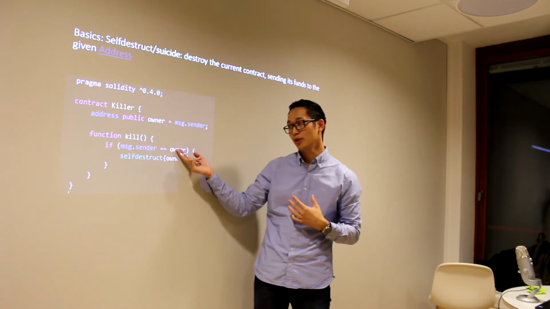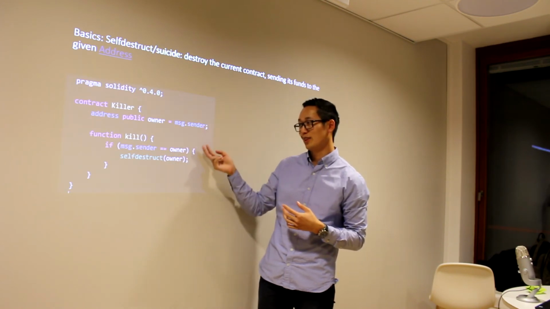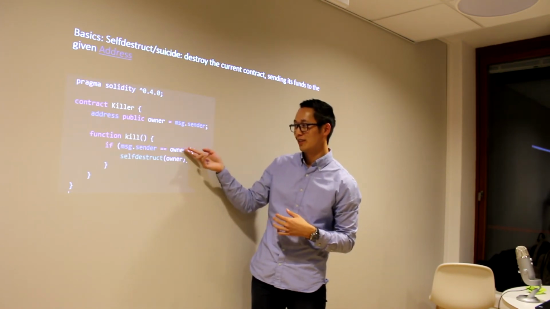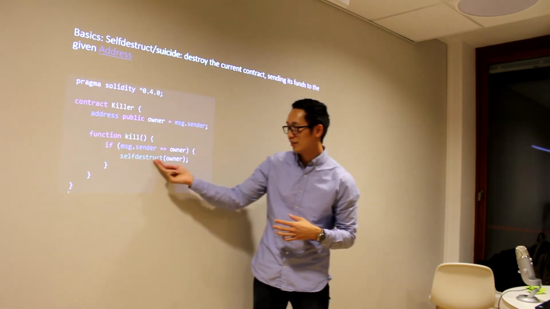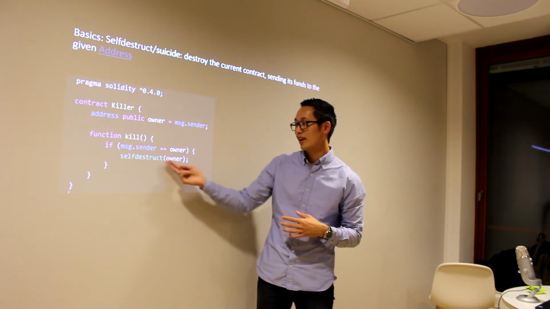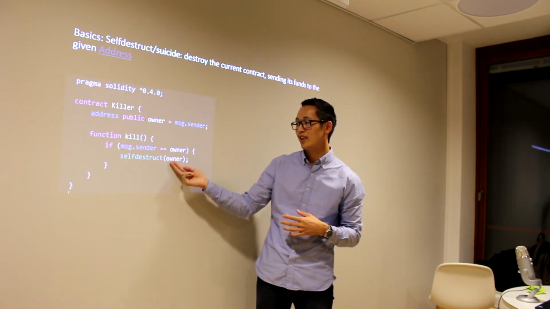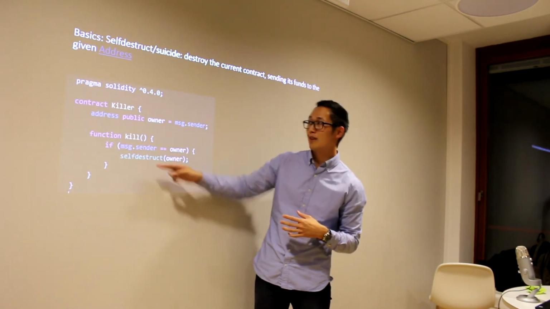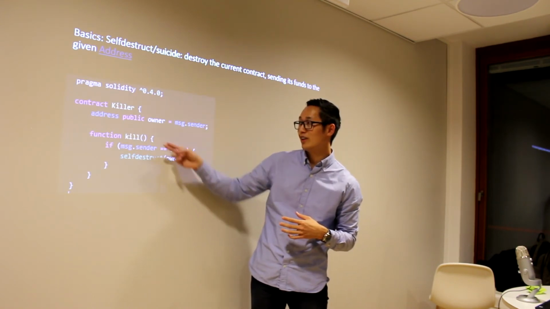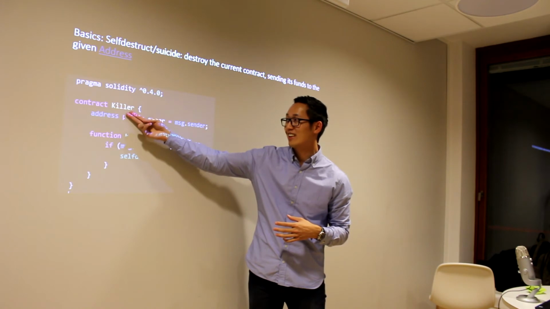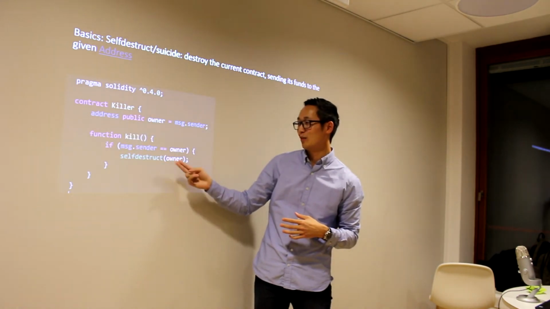If it's not the owner, then you will not be able to self-destruct. But if it is the owner, then this will call self-destruct, and you write the address here where all the funds in the contract will be sent to. If I have 100 million ether in this killer contract, then it will be sent to this owner.